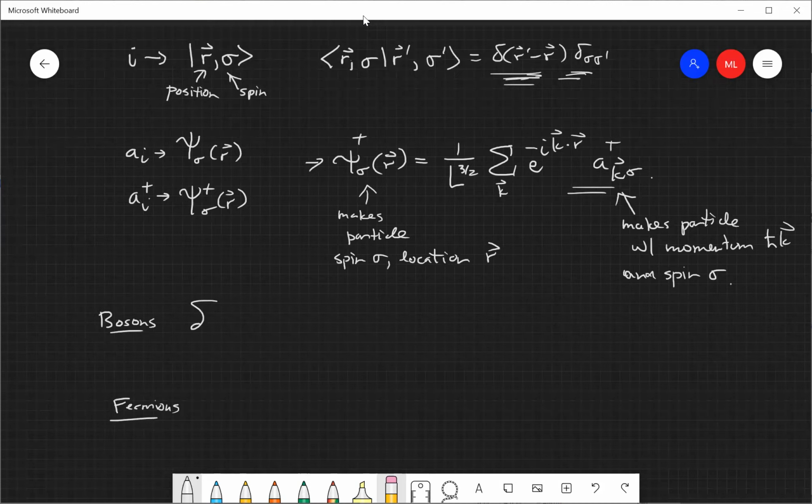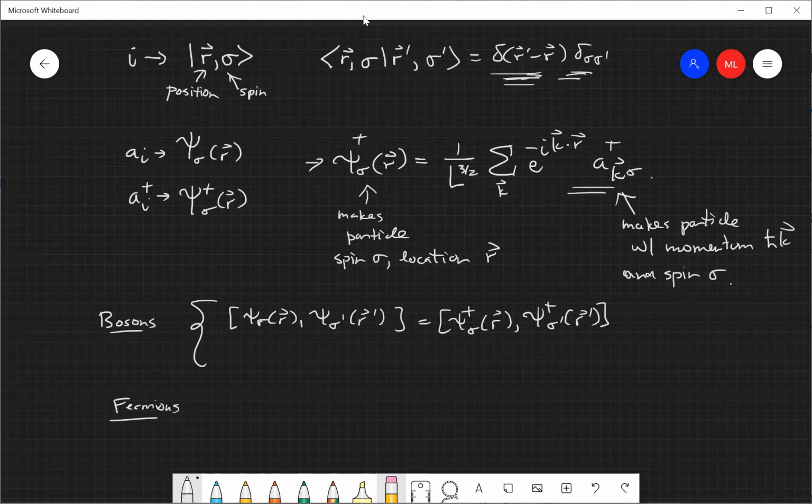But for bosons, you again have that the creation and annihilation operators commute. So if you take two different states, or you take two creation operators, these guys commute, so these are 0.